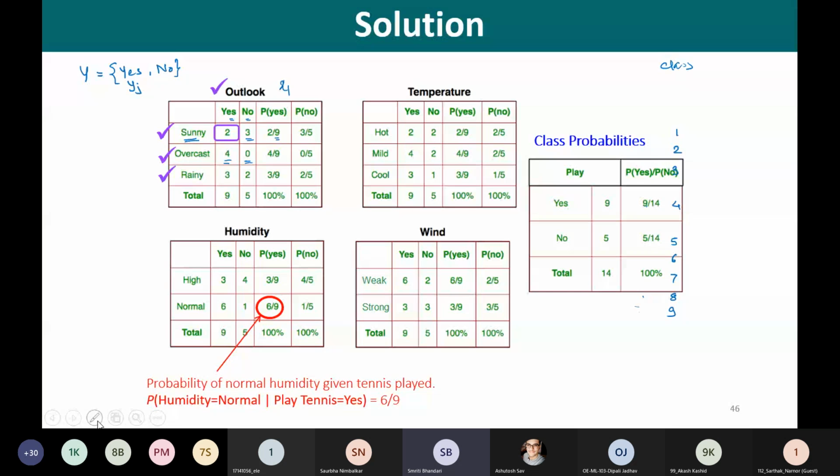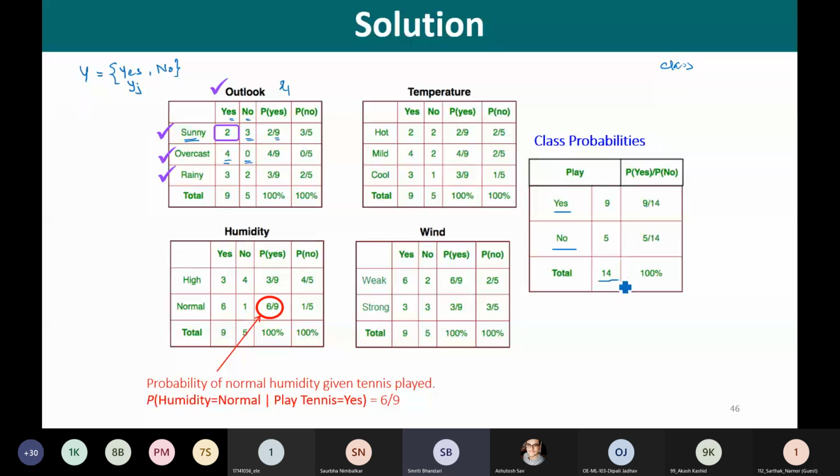Now, similar to this, we are also computing class probabilities. See here how we have computed the class probabilities. We have 2 classes, yes and no. The number of instances with play tennis value equal to yes is 9, and the number of instances for play tennis no is 5.